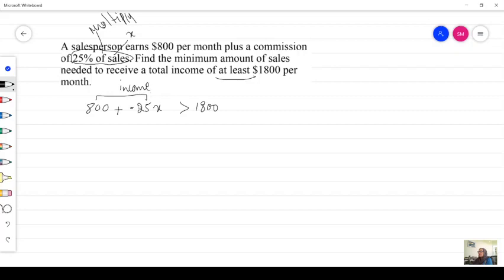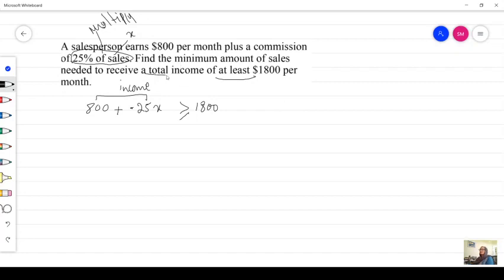If I'm translating it correctly, he needs to receive a total income of at least 1800, so he can earn more than 1800 or equal 1800, but he's not going to go below 1800. That's why I have greater than or equal to 1800 for the income.